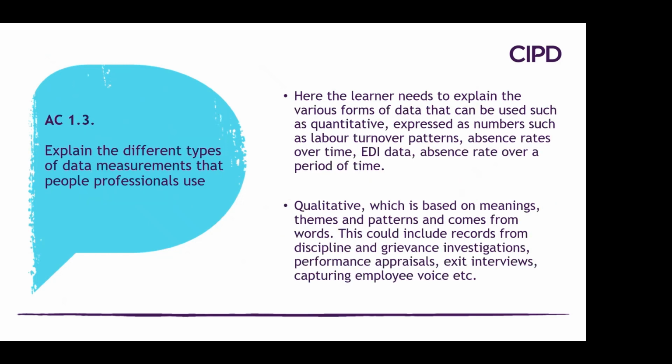AC 1.3: explain the different types of data measurements that people professionals use. Here, you'll need to explain the various forms of data that can be used. This could be quantitative, expressed as a number, such as labour turnover, absence rates, EDI data, absence rates over a period of time, and qualitative, which is based on meaning, things and patterns that come out of words.